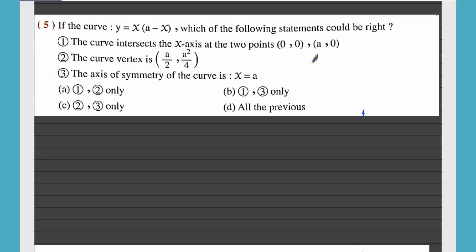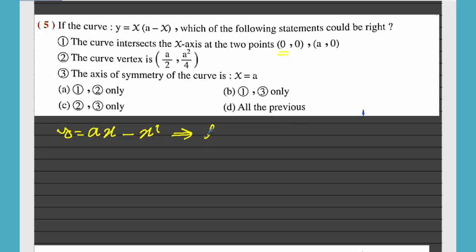And we will see. First, I will write the equation in another form. We have y equals x multiply a, ax minus x multiply x equals x squared. So we'll substitute first x equals 0.